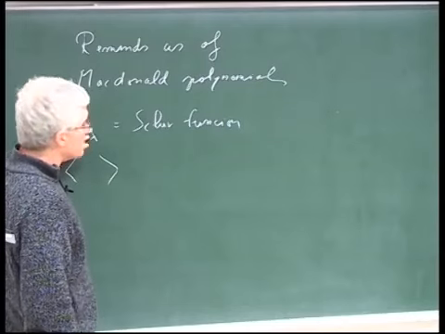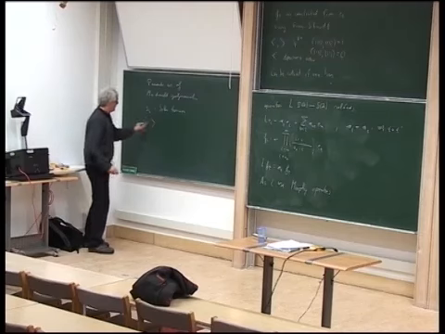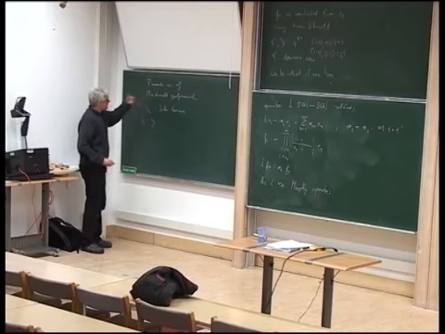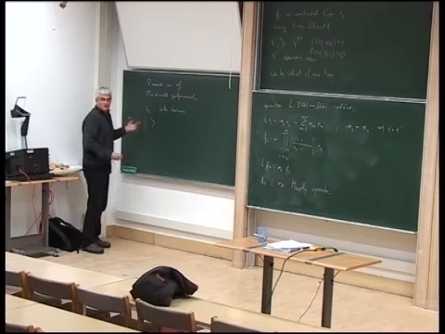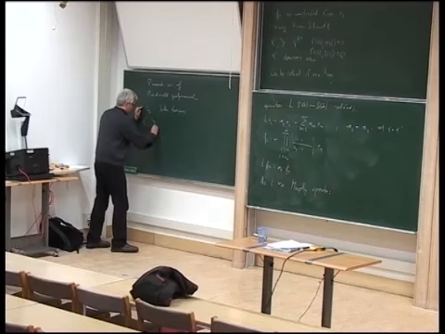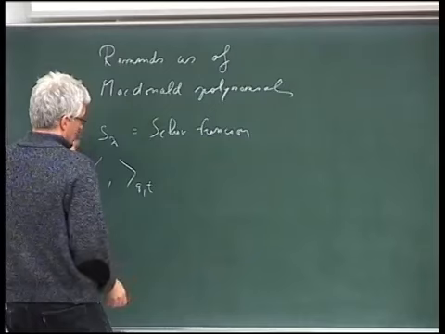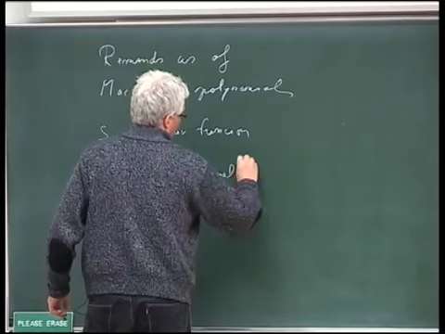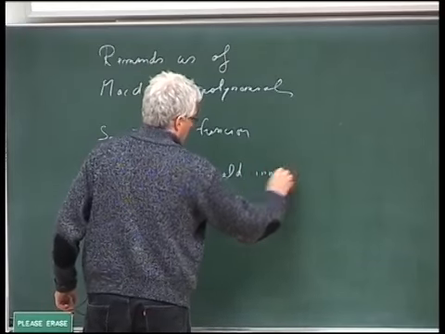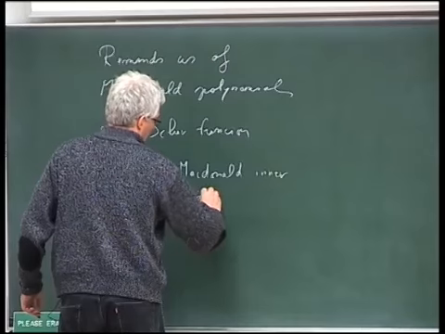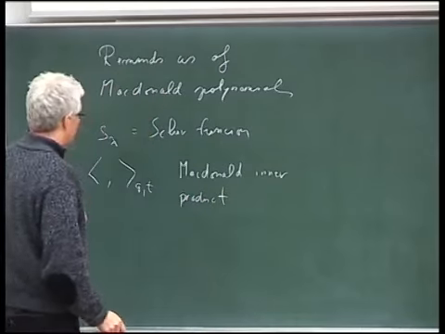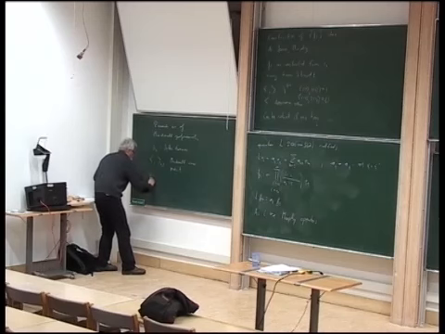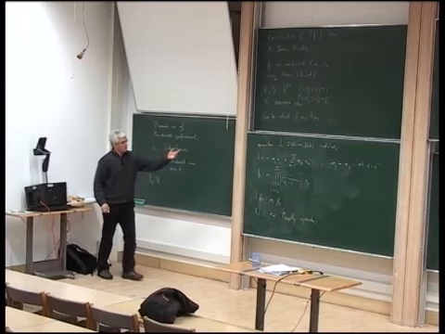The Schur functions are also parameterized by partitions, and you have an inner product on the space of symmetric functions, which is a very strange one defined by Macdonald. So it depends on two parameters. So Macdonald inner product. And then you obtain the Macdonald polynomials, doing this Gram-Schmidt process.